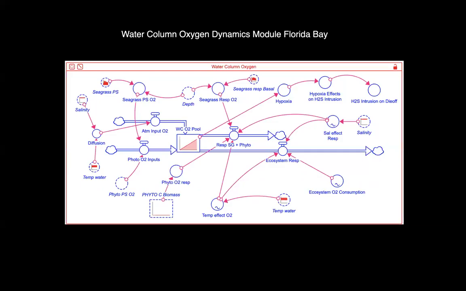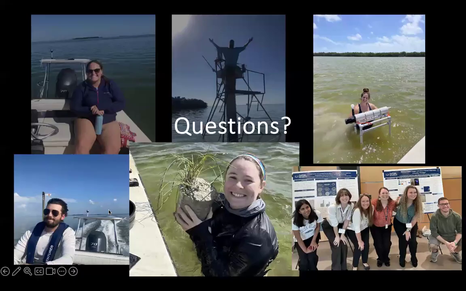So this is just a spaghetti diagram, but it shows how we're trying to integrate ecosystem respiration, salinity, and hypoxia, so that when we run these models, we are integrating more of the fundamental understanding that we have of the mechanisms that we think are really driving the seagrass loss.